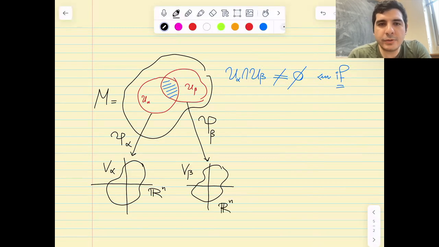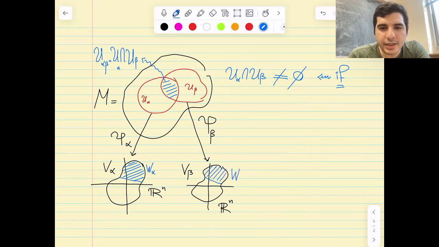Now look at this blue intersection. Let's denote this intersection with U alpha beta, which is U alpha intersection U beta. This U alpha beta through the map phi alpha would go to a subset of Rn, right? This blue one, let's denote that with W alpha. And through the other map phi beta, it would go to another open subset of Rn. Let's denote that with W beta.